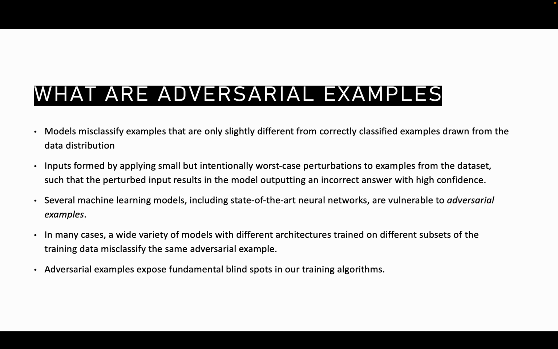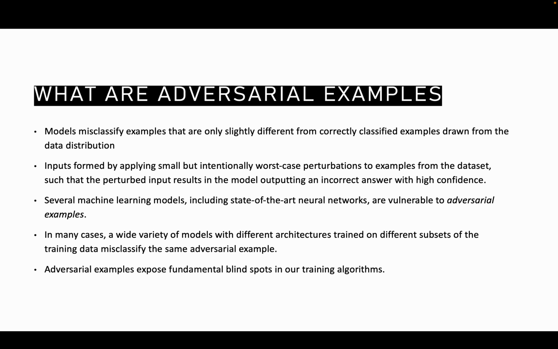The model will be misclassifying the input but with a high confidence. Several machine learning models, including state of the art neural networks, are vulnerable to adversarial examples. In many cases, a wide variety of models with different architectures trained on different subsets of the training dataset also misclassify the same adversarial example.